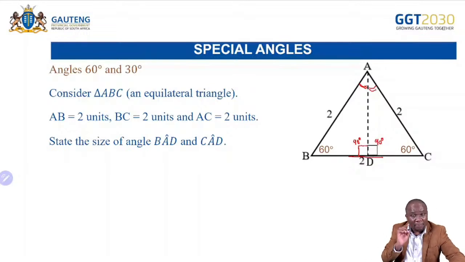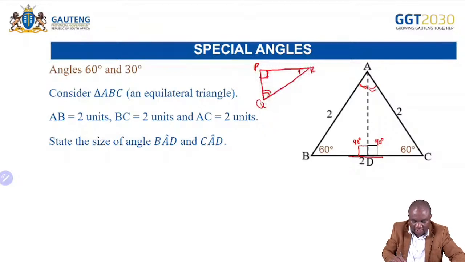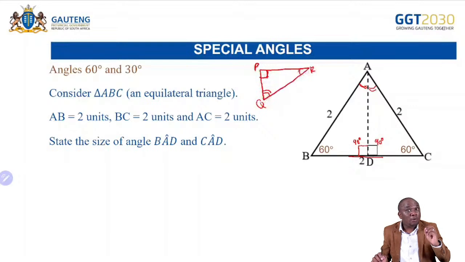The other thing, maybe if you didn't know this, if you have a right angle triangle, like this is a 90-degree angle, these 2 angles, let me name them P, Q, R, in this case Q and R, are complementary angles. What are complementary angles? Complementary angles add up to 90 degrees. So Q and R must add up to 90 degrees.